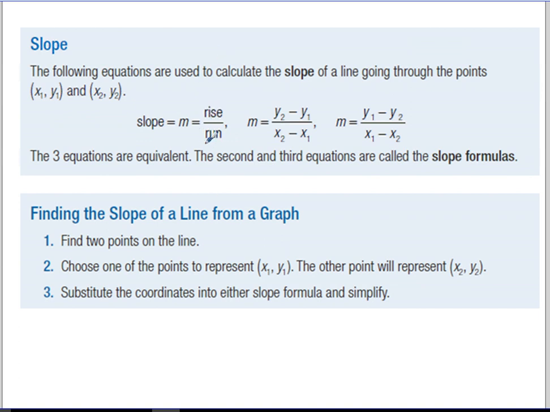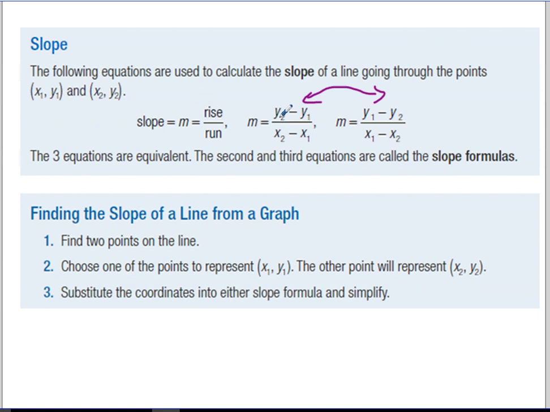The rise we know is up and down. The up and down is the y-axis, so that's why we subtract y values on the top. And then the run is left or right, so the x values on the bottom. Notice they have it in two different ways. You have to be consistent, just like when we were setting up our proportions.